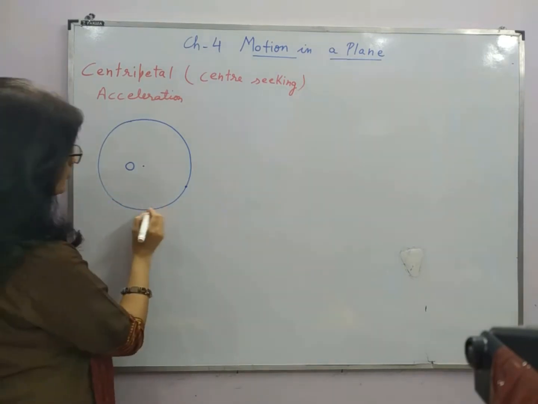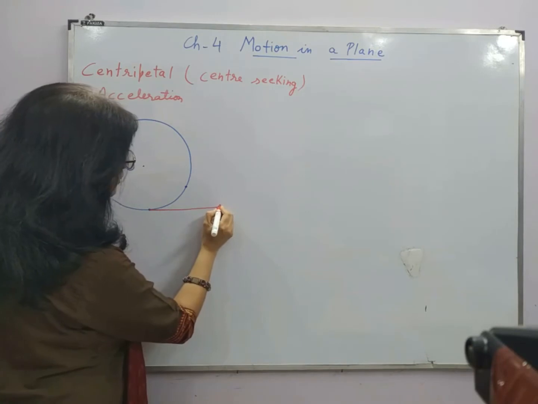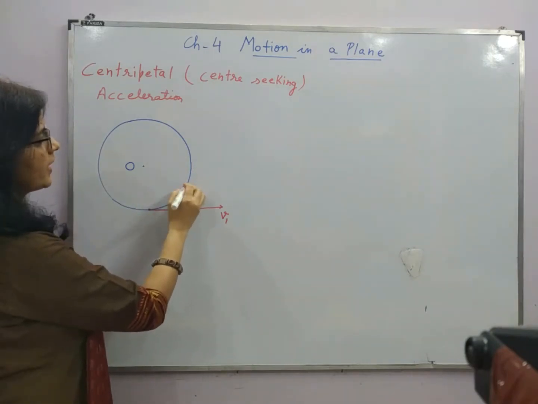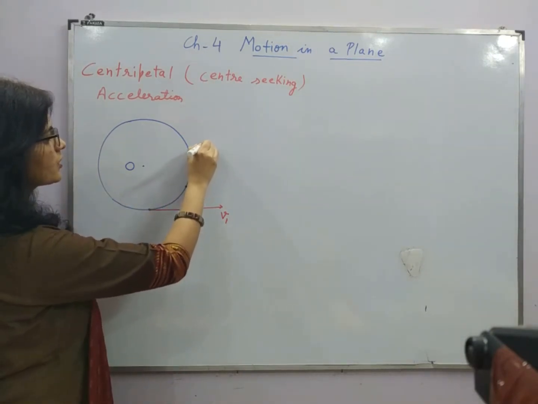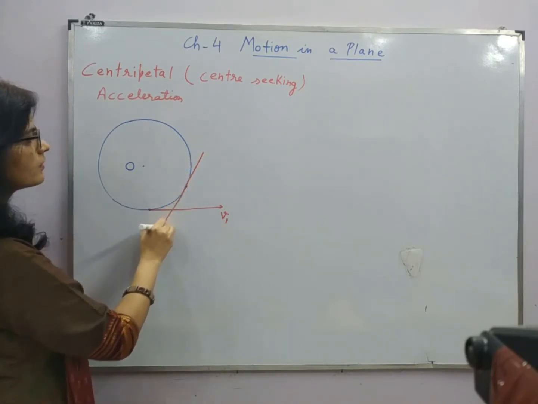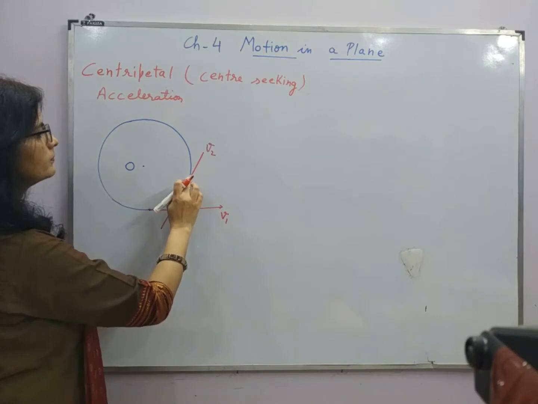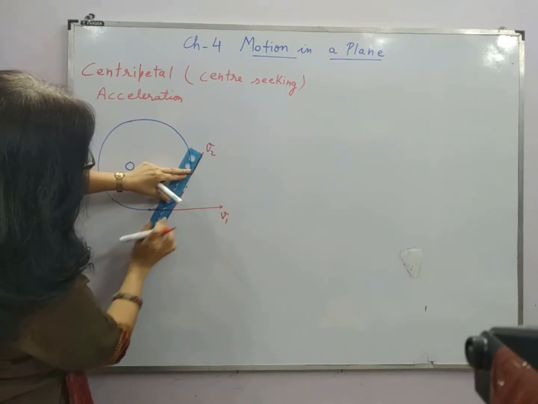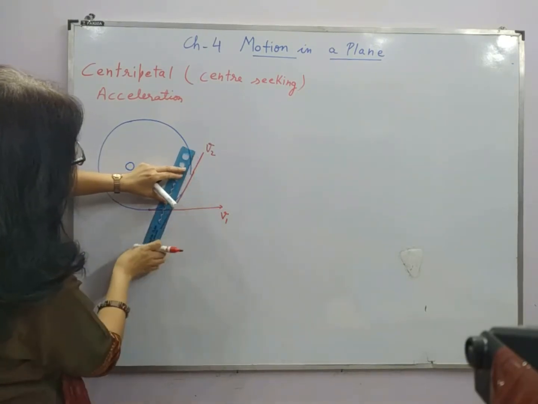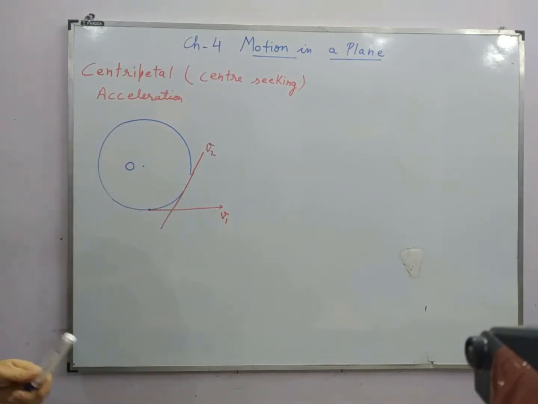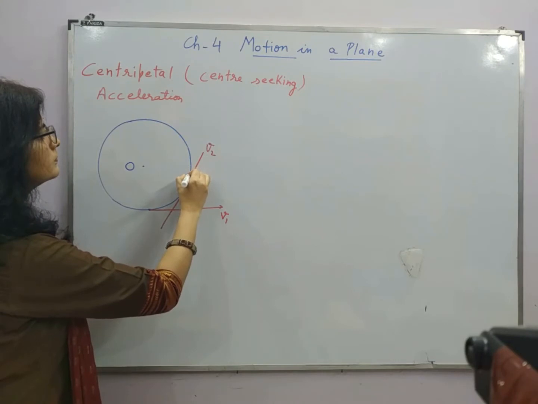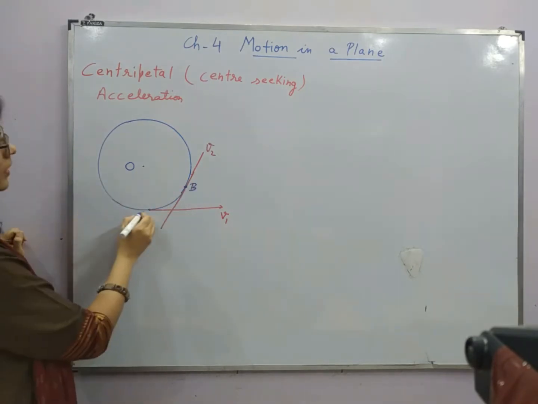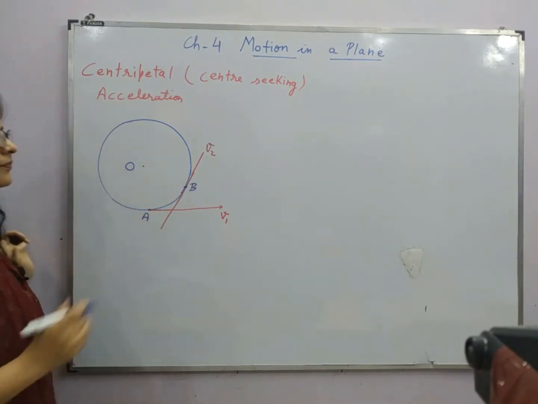Suppose at this point the velocity with which it is moving is v1, and at this point the velocity is v2. So this is point B during its journey.